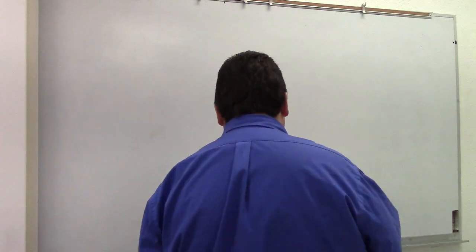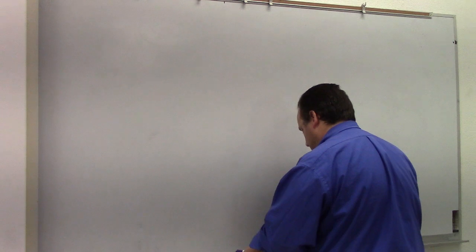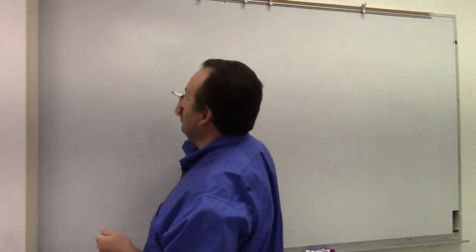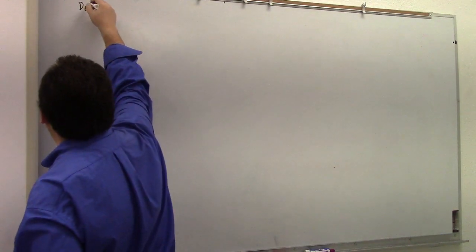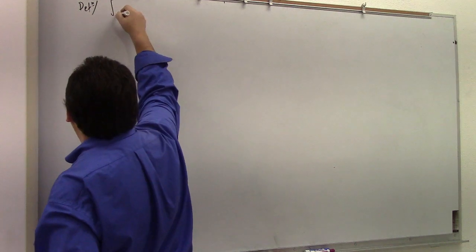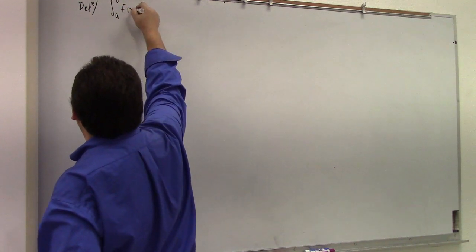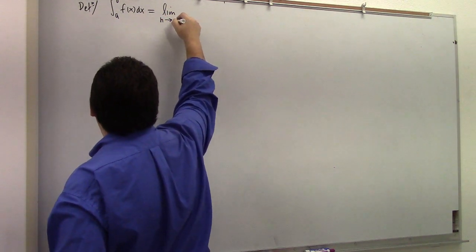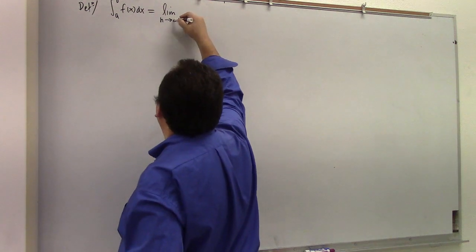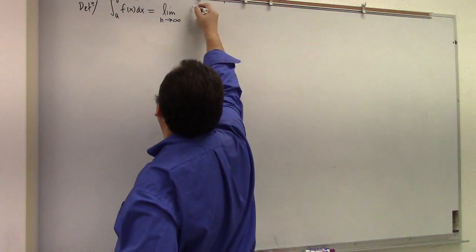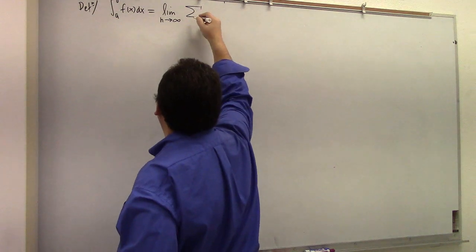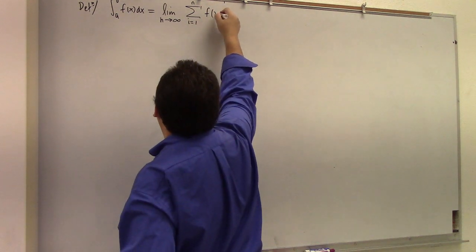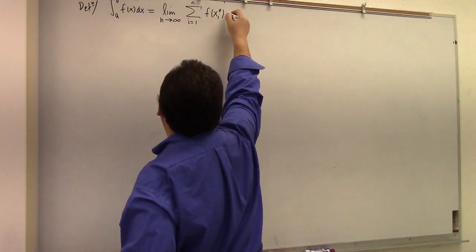So last time, what did we do? I gave you a definition that the integral from a to b of f of x dx was the limit as n goes to infinity of the sum, let's say i equals 1 to n of f of x sub i star delta x, right?